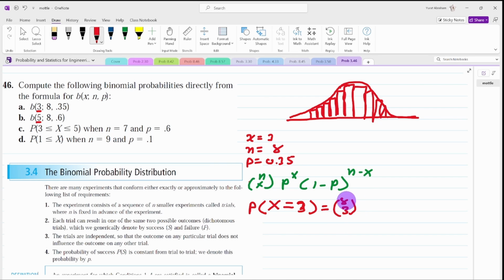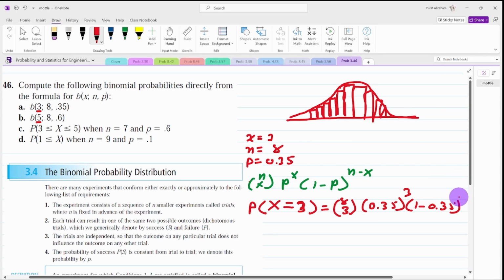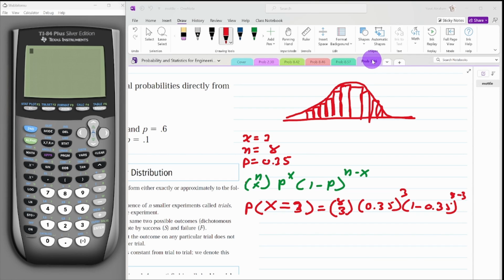This parentheses represents a combination, so we will be using the combination function in your calculator. Then we have p is 0.35 to the power of x, which is 3, and then 1 minus 0.35 to the power of 8 minus 3.